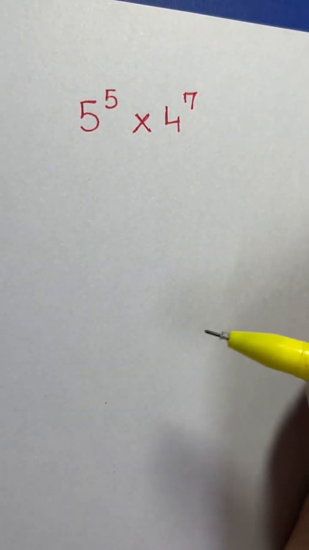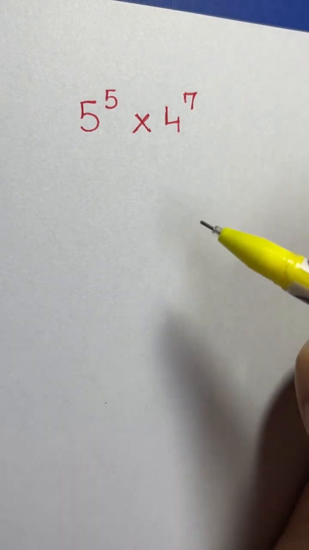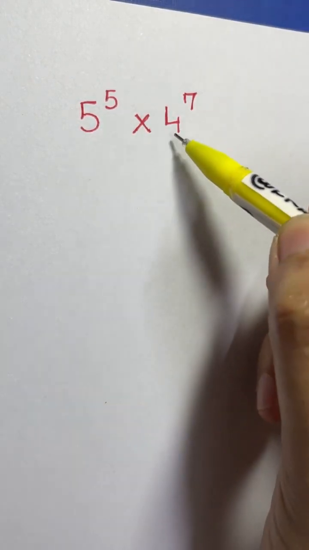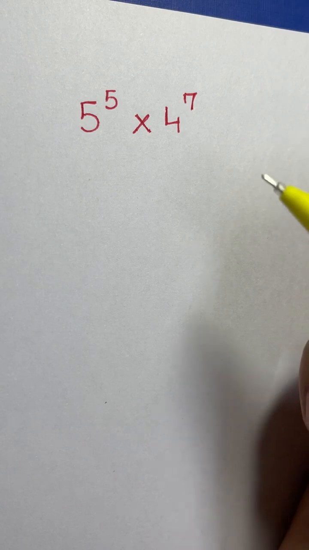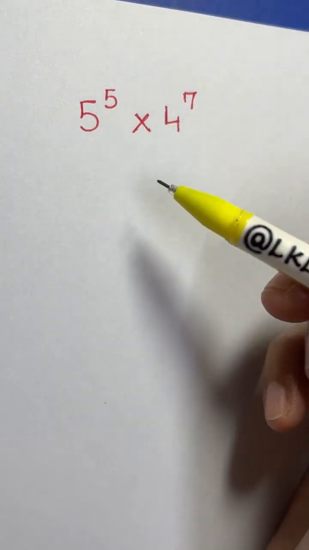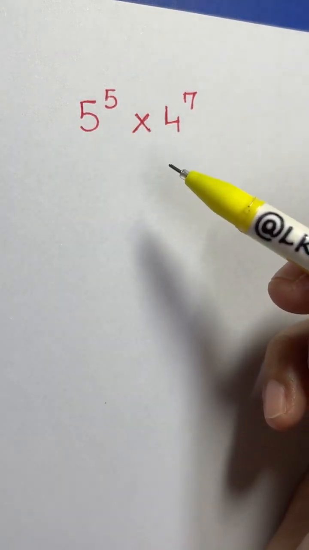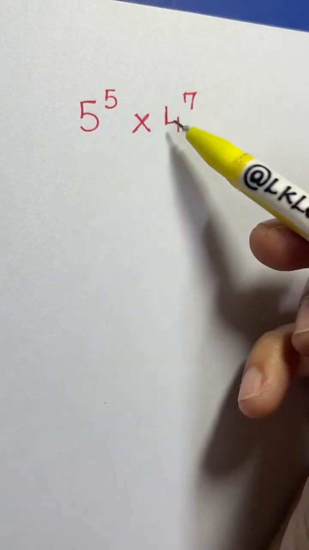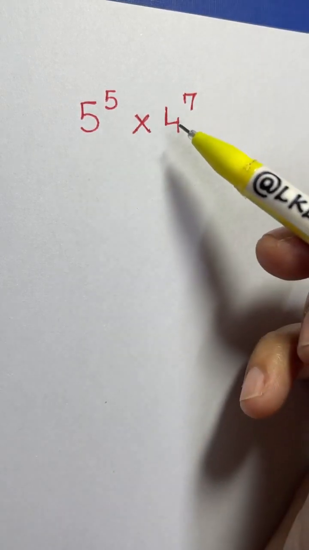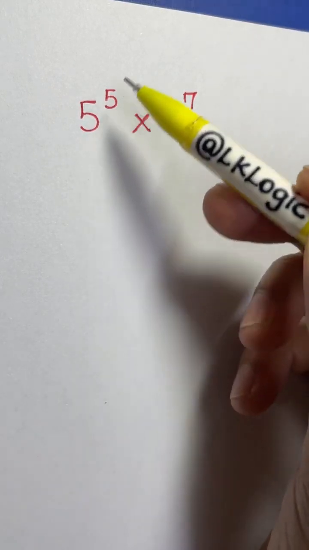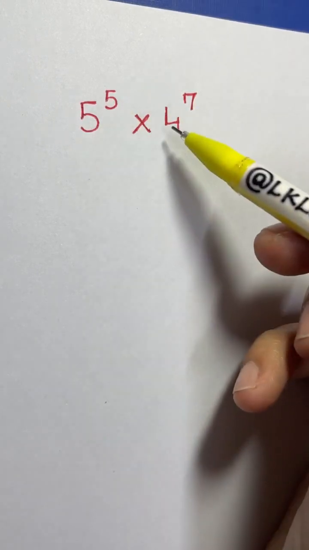Maybe not, but we think that 5 times 4 is 20. It's a very nice number. It's a little useful because 20 is 2 times 10, right? There's a little relationship between 5 and 4.